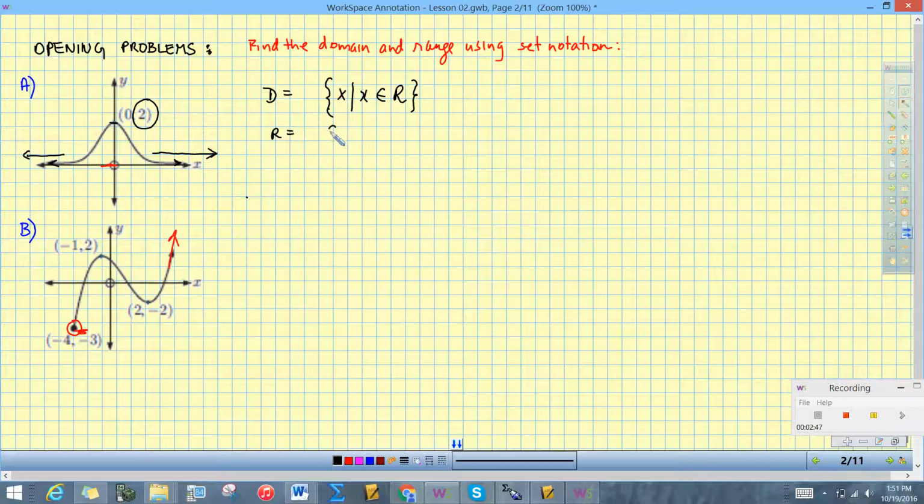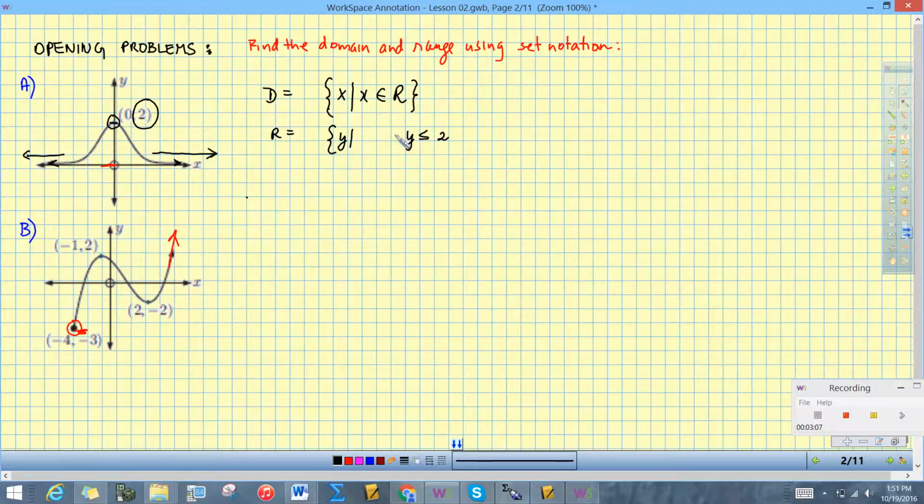So because I'm looking at the range, it's the set of all the y's such that, and now it seems that our values of y are between 0 and 2. They never go below the x-axis, so they never go below 0. So I could say the value of y has to be less than or equal to 2. I know it's equal to 2 because it's touching 2.